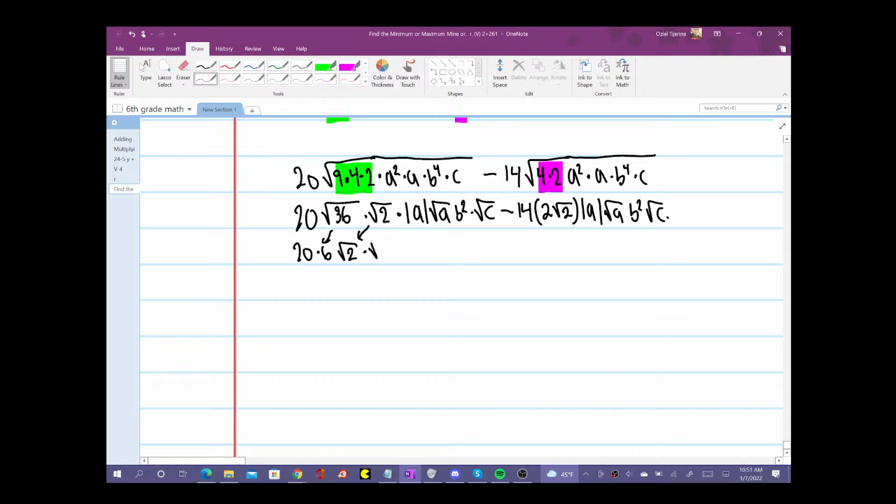So square root of a times square root of c. And then, right, that's square root of 2. So if we highlight square root of 2, square root of a, square root of c, we're left with absolute value of a, b squared.